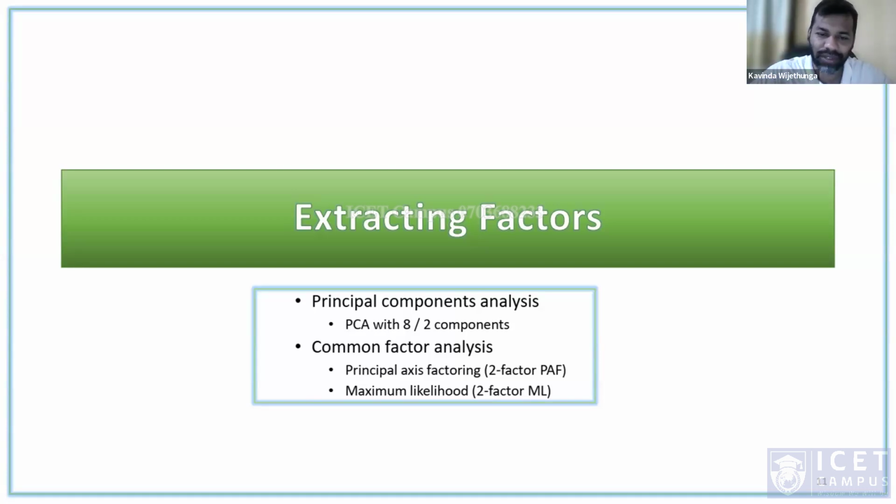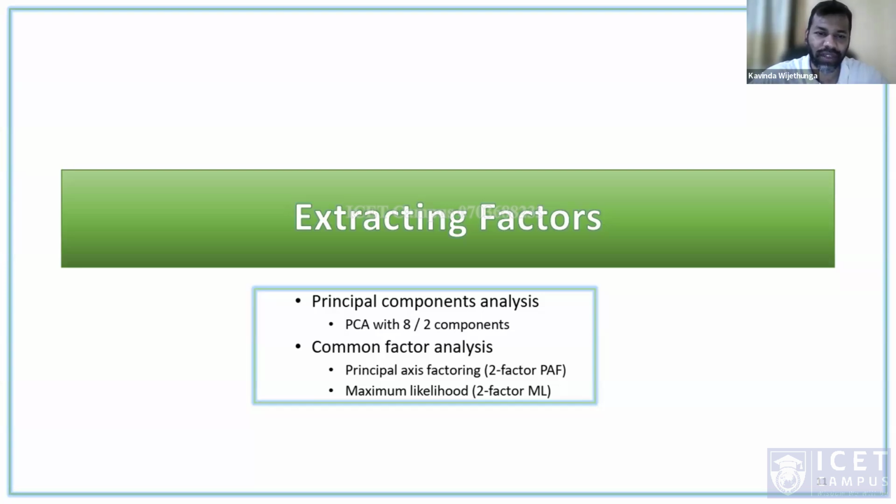The other one is the common factor analysis. So principal axis factoring, 2 factors from this principal factor analysis. How we can choose 2 factors there. And also I'm trying to use the maximum likelihood method to extract 2 factors using that method.